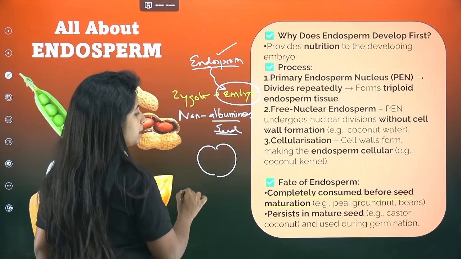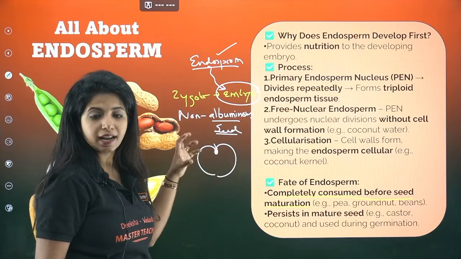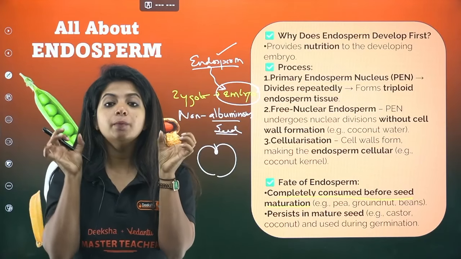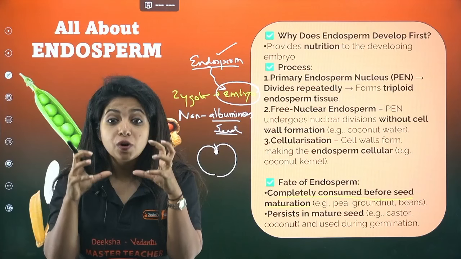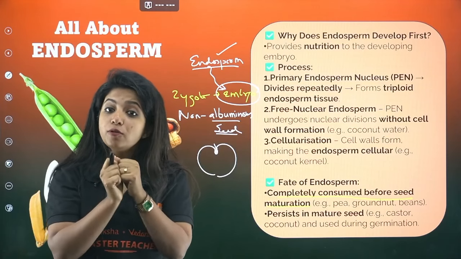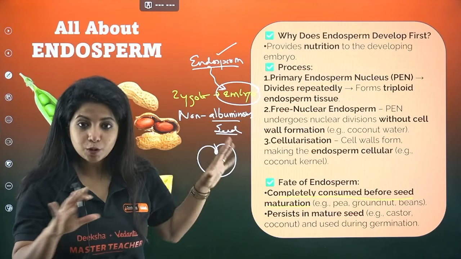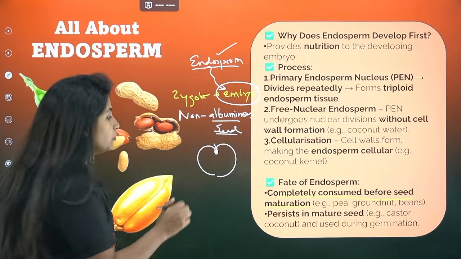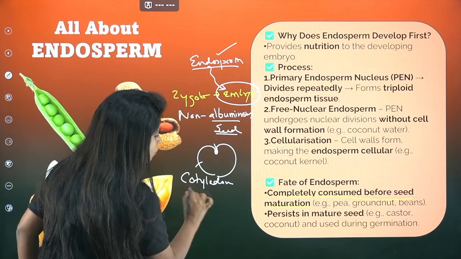For example, chickpeas. If at all you notice, you see something like this in the center, and then two cotyledons are there. You can break it into two, right? So what are these cotyledons? They are the stored form of food which the embryo has made with the help of endosperm. So now they do not have endosperm at all because all the endosperm is converted into what? Cotyledons.